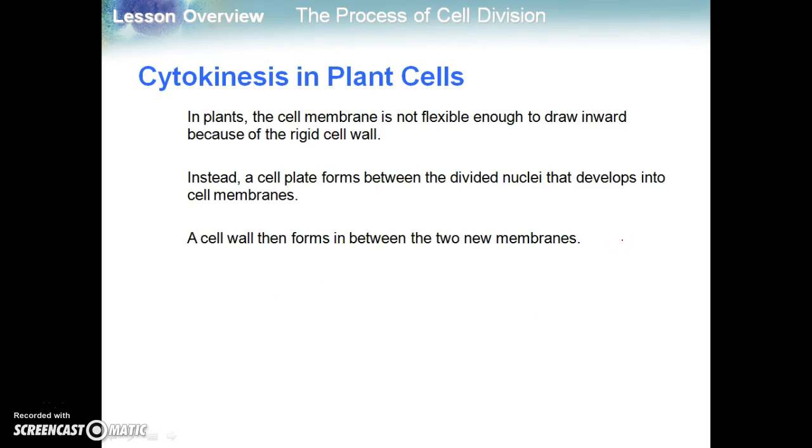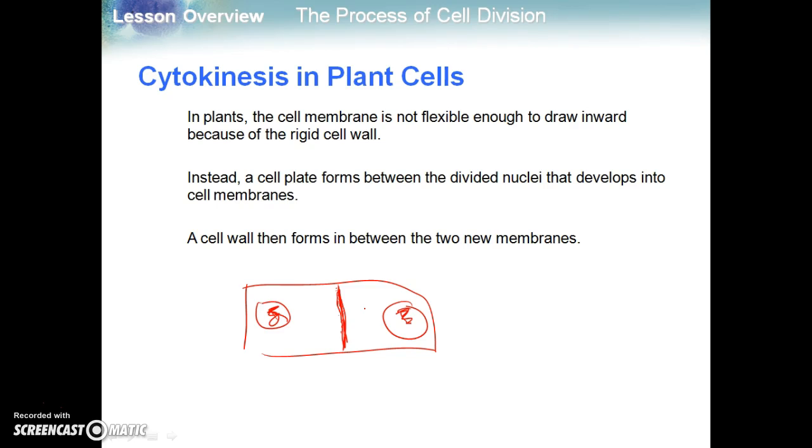In plant cells, because the cell wall doesn't allow us to do that pinching action, we're going to form what's known as a cell plate. So after anaphase is done and we've got all the DNA down here and we start to form our nuclei, what's going to happen is we're going to start to form this cell plate right in the middle, and eventually that's going to form our two new membranes, and we're going to get a new cell wall between the two cells.